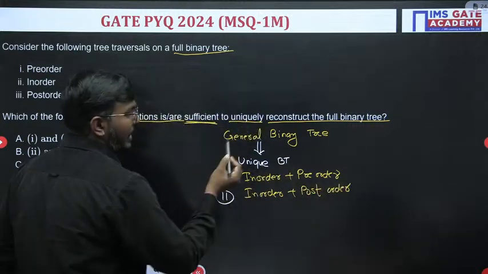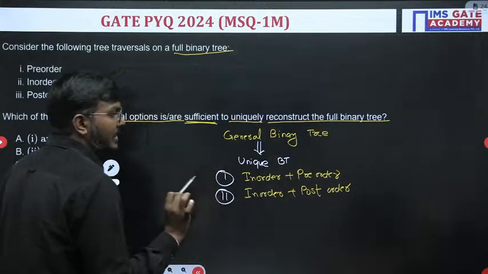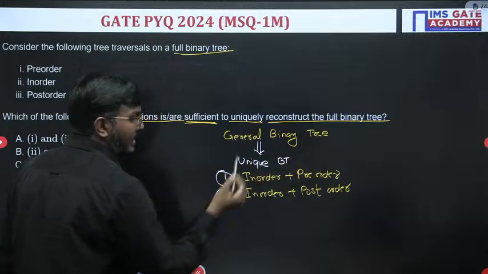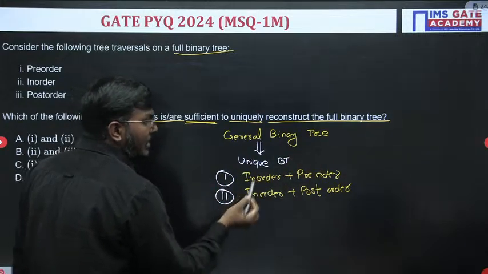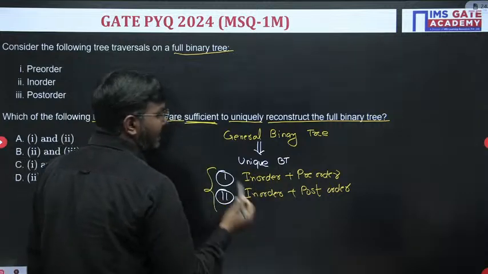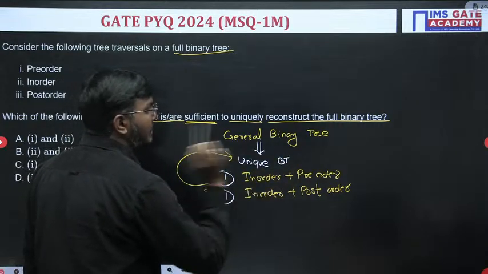Means if we are given a general binary tree and you want to construct the unique binary tree, then in-order is compulsory. In-order plus pre-order and in-order plus post-order, both work. In both options I can easily construct the unique binary tree.